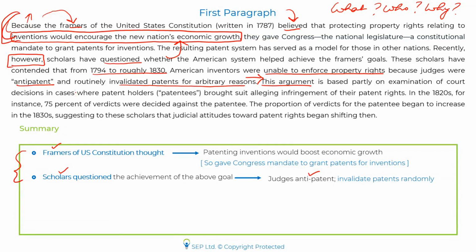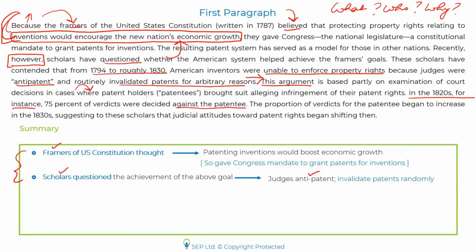Which cases? Where patent holders brought suit alleging infringements of their rights. All right. So basically, where patentees were trying to enforce their patent rights, and they examined the decisions given in such cases. In the 1820s, for instance, 75% of the verdicts were against the patentee.